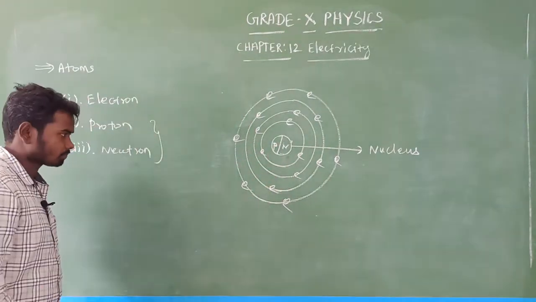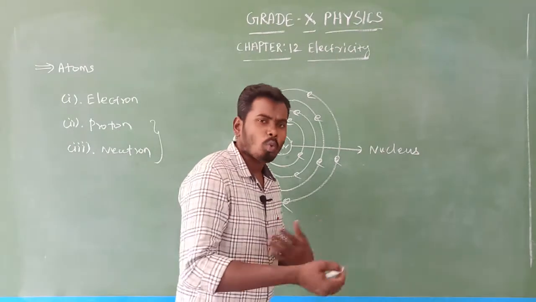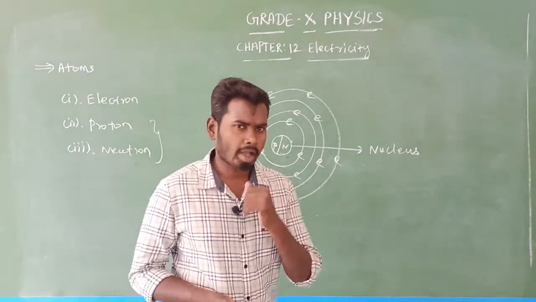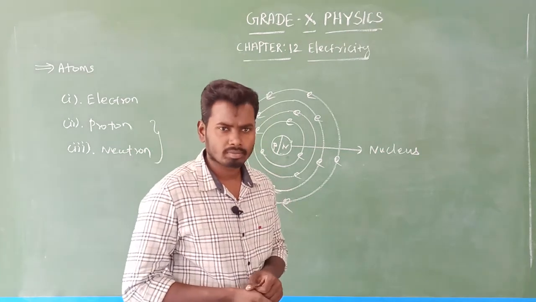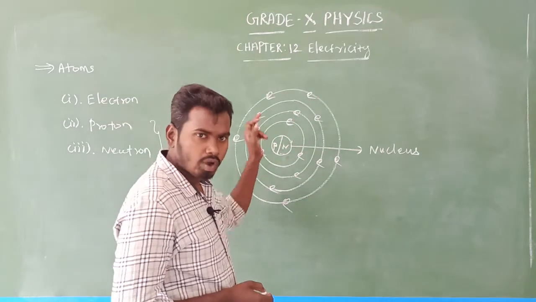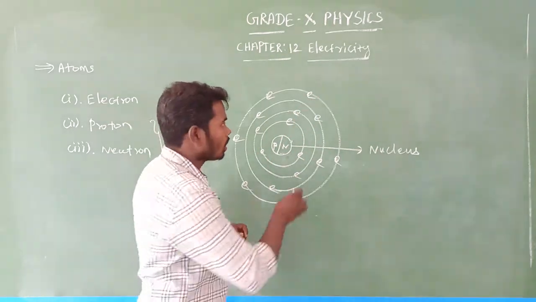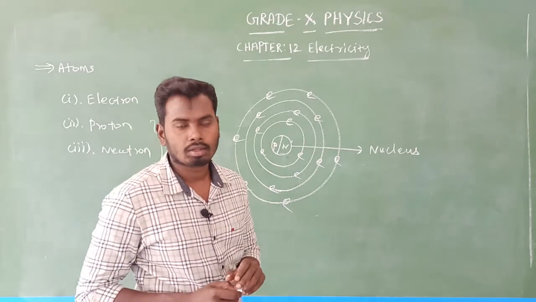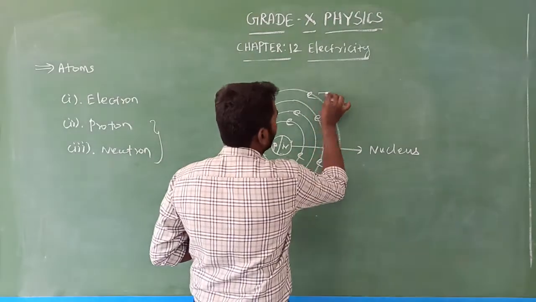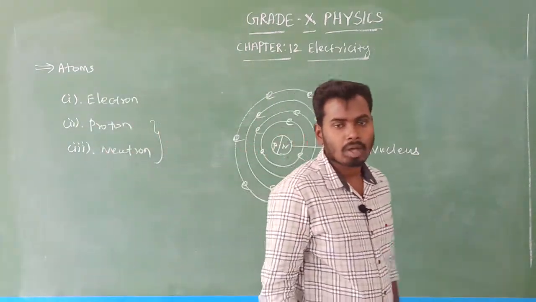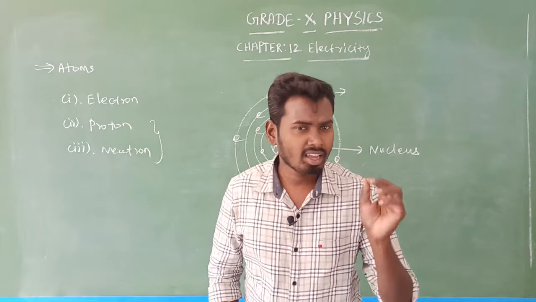This is the basic concept. So what is the link between current and this atomic structure, sir? You may ask me. Look at here. The electrons continuously revolve around the nucleus. This flow of electrons is called electricity, or simply we say current.